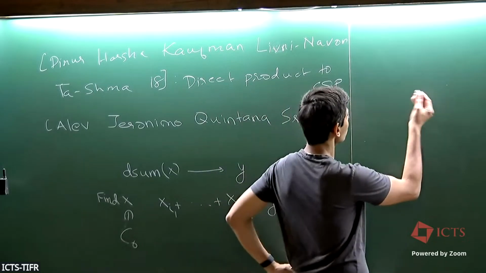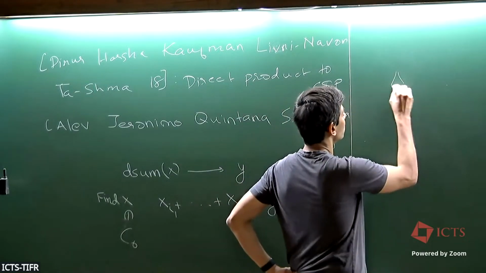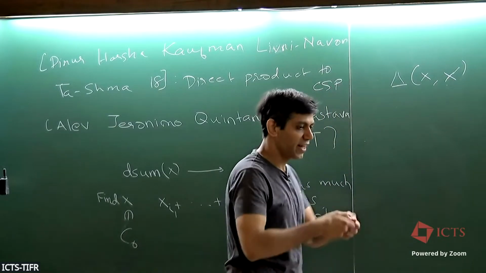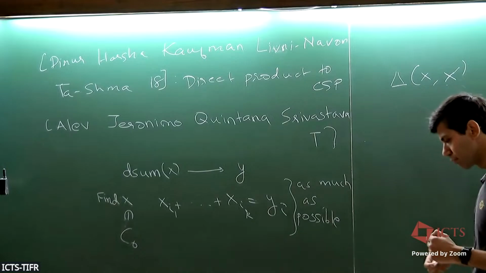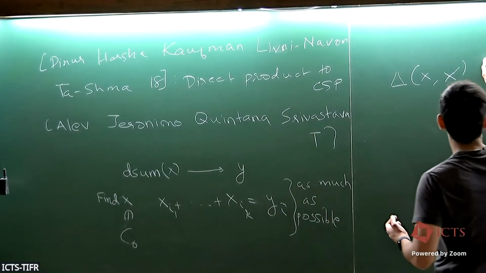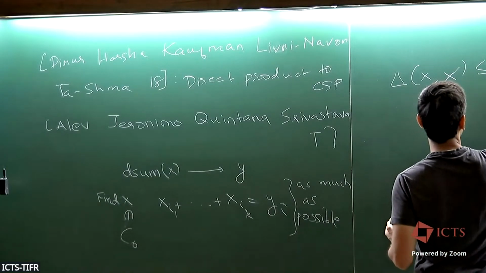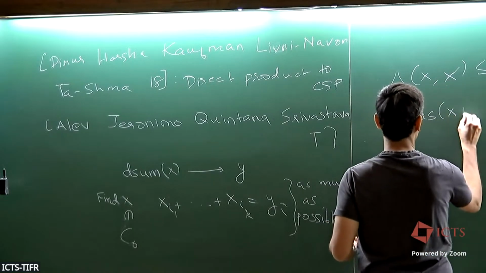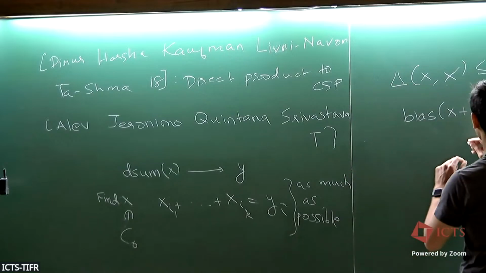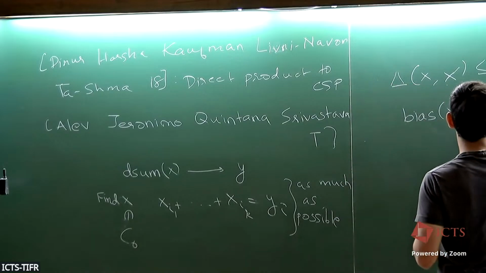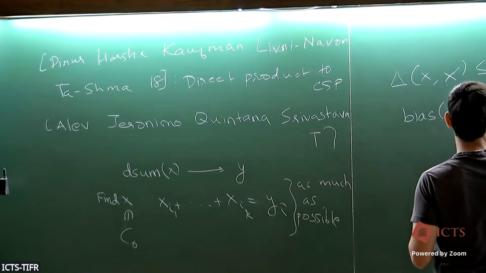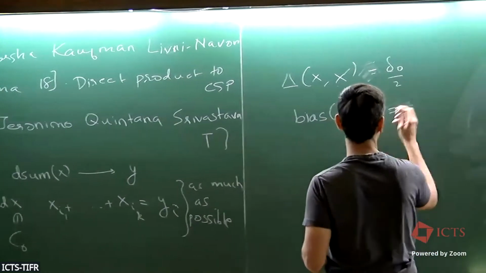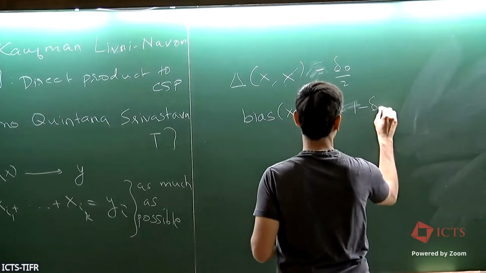So if I have X and X prime in the base code, then let's say the distance is some delta 0 over 2, which means that the bias of X plus X prime, and this is where I actually need linearity, is equal to 1 minus delta naught.